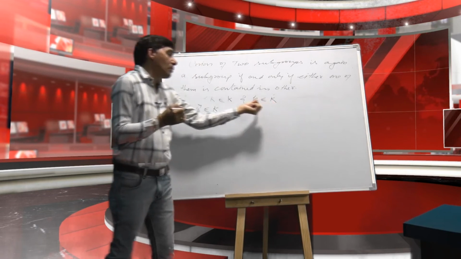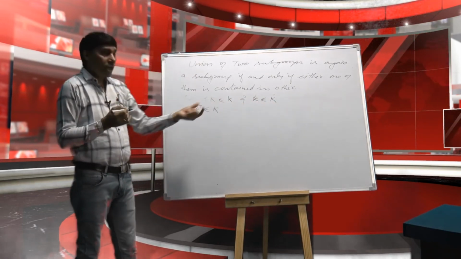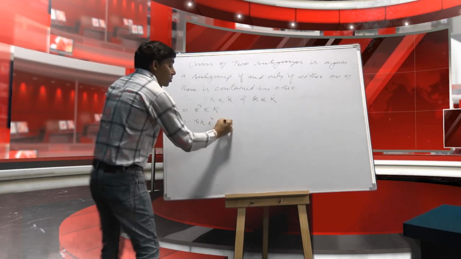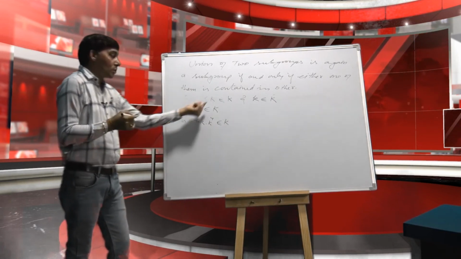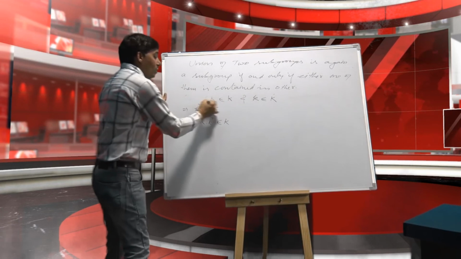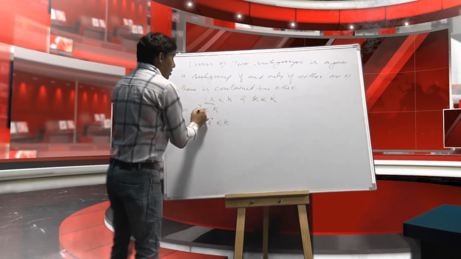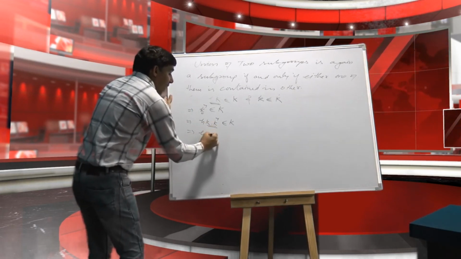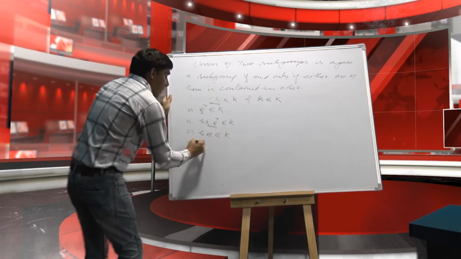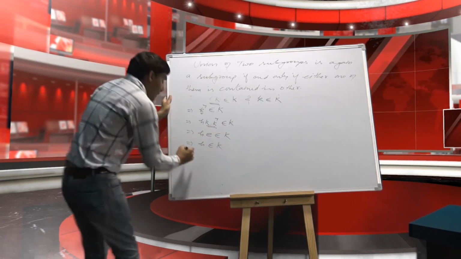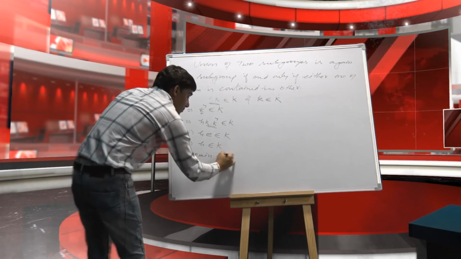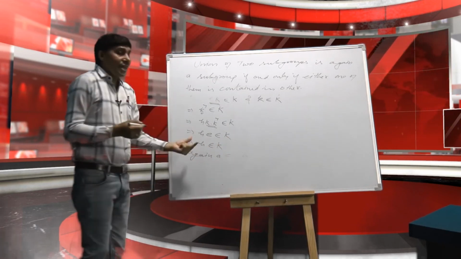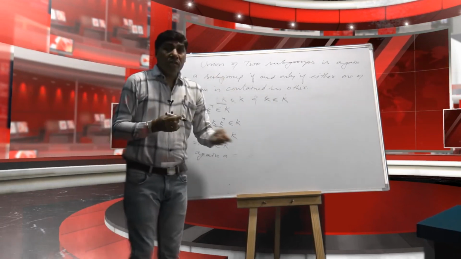Then hk times k inverse also belongs to K by closure property, the product of two elements of K is again in K. This implies h, that is hk k inverse with k k inverse the identity, belongs to K. This implies h belongs to K. Again a contradiction. This contradiction shows that our supposition is wrong.